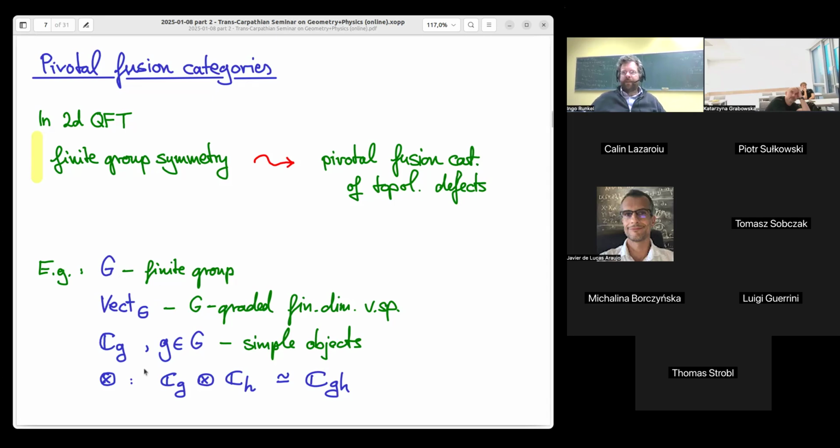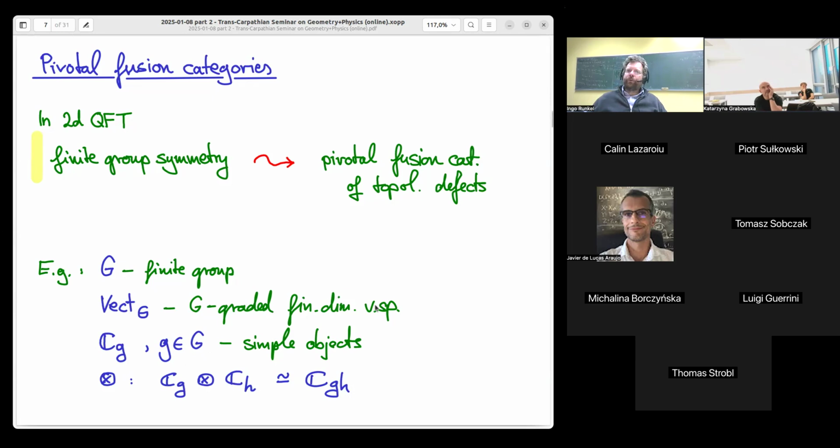And the simple objects here are just one-dimensional vector spaces together with the information of which grade they sit in, and the grades, remember, are given by group elements. And the tensor product of these graded vector spaces, well, the grades multiply according to the product in the group.